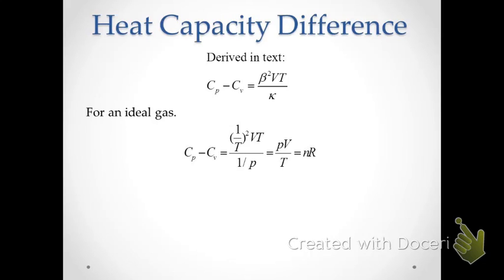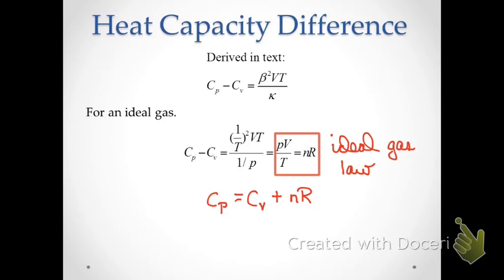In the last video we derived beta, the expansion coefficient for an ideal gas, and that was equal to 1 over T. We also derived the expression for kappa for an ideal gas, which is 1 over P. If we plug these values into our expression here, we get PV over T, which of course is equal to nR based on the ideal gas law.